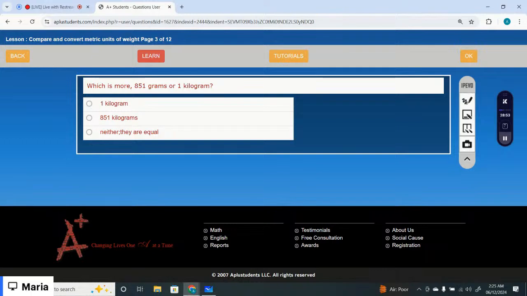Which is more, 851 grams or 1 kilogram? So which is the correct option? That is 1 kilogram.